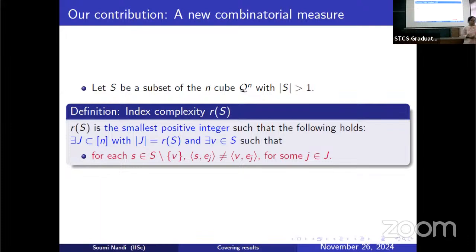For a subset S which has more than 1 point, we'll define index complexity to be the smallest number R for which we can get a subset of indices G of size R and a point V in that set S such that for every other point, say small s, small s and V have at least one flip among those indices that are in G.